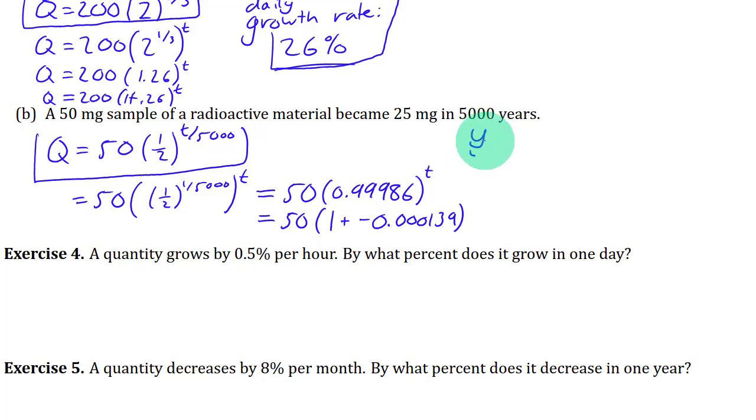We probably want to write this as a percentage. To write it as a percentage, I'm just going to move that decimal place over 2 spots. It will become 0.0139%.